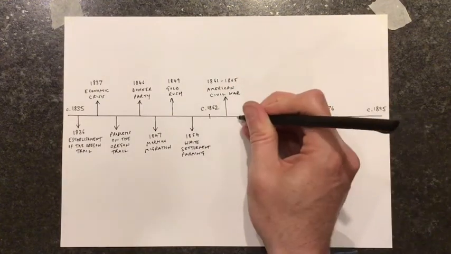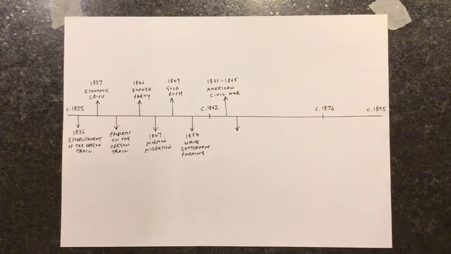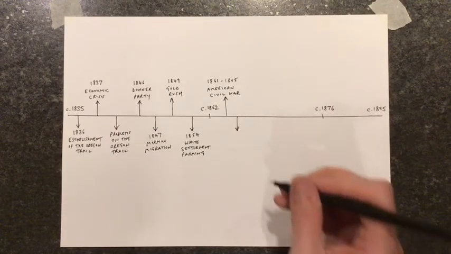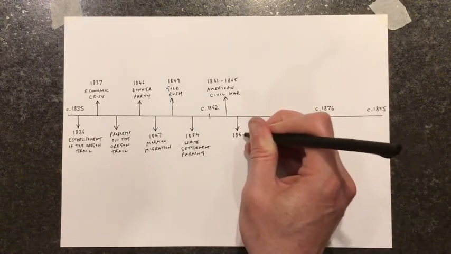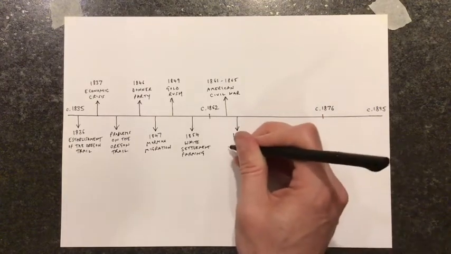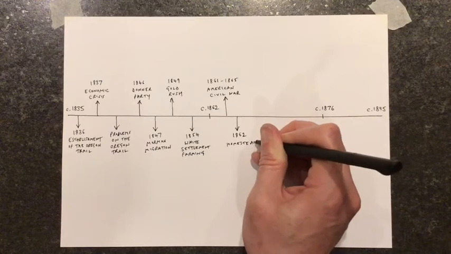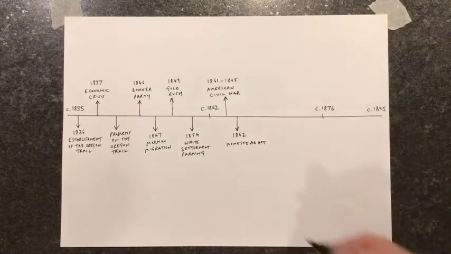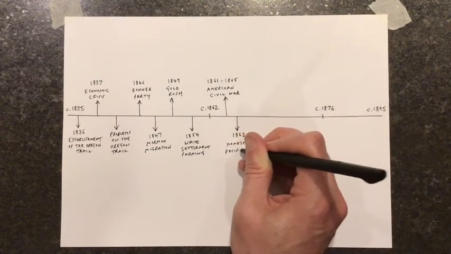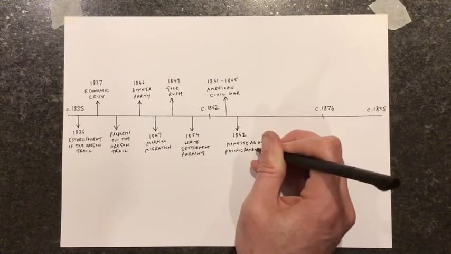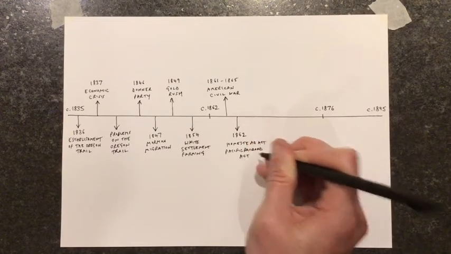And then significantly, as we said, 2 acts passed within 1862 during the time of the American Civil War. So the Homestead Act, which encouraged migration onto the plains, and the Pacific Railroad Act also.